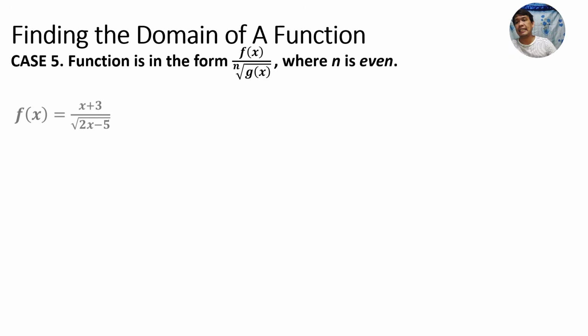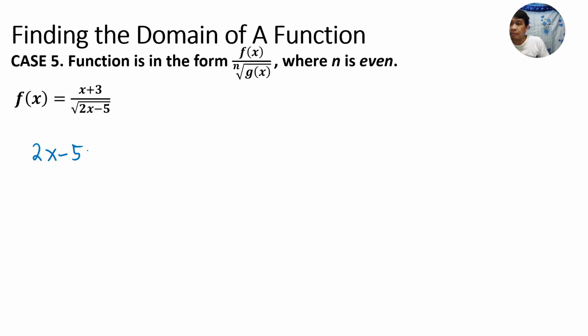So, what if we reverse it? The one underneath is now the square root. So, again, the denominator 2x minus 5 must be greater than or equal to 0 when there is a square root. But since it is in the denominator, we remove the 0. So, instead of greater than or equal to 0, since it is in the denominator, we exclude 0. Therefore, 2x is greater than 5. Then, x is greater than 5 halves.